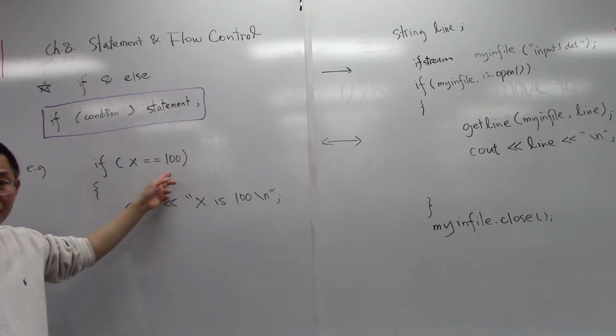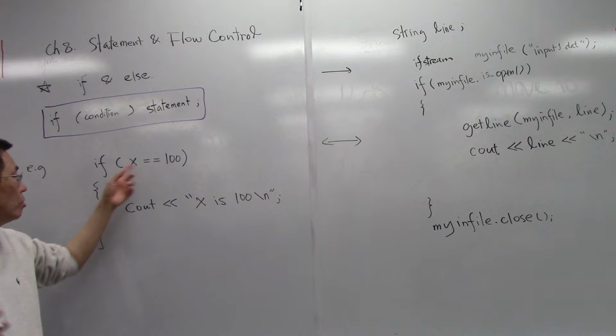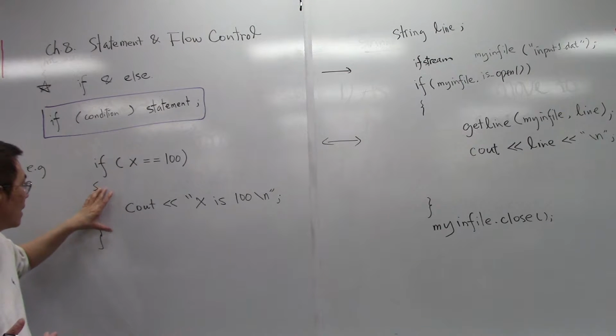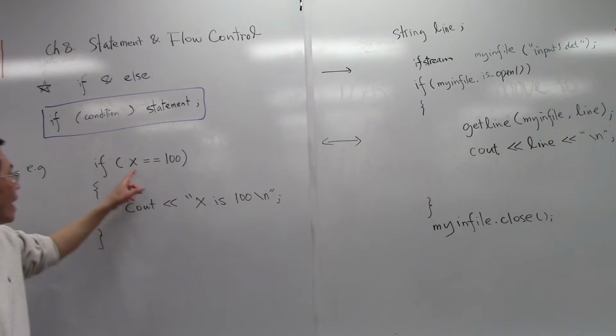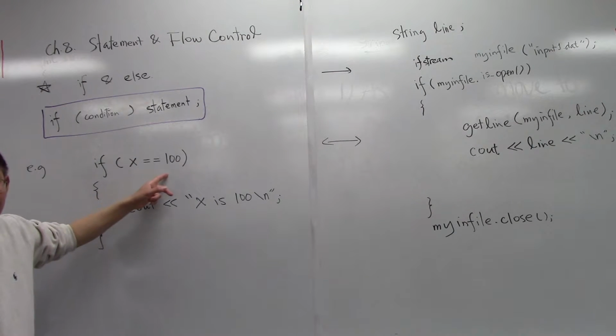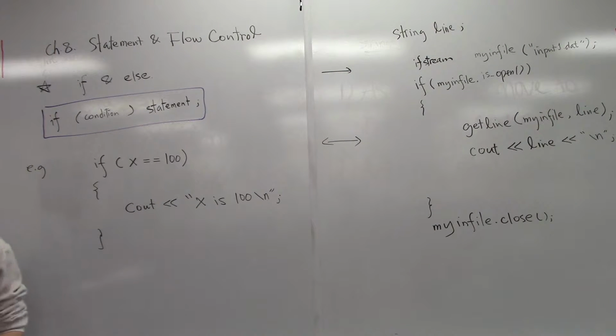If it's equal to 100, the expression has a value of true. It returns a value of true. When it is true, then what is inside the if block, which is here, will be executed. So it's going to output that. When x is 99, for example, this becomes false. That will be skipped. Okay.